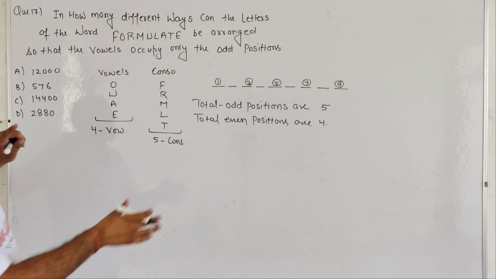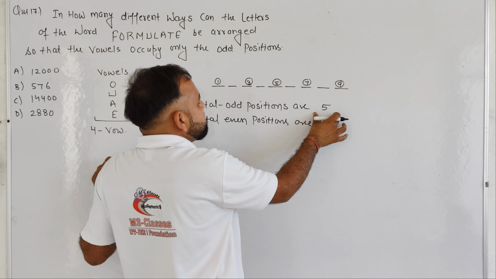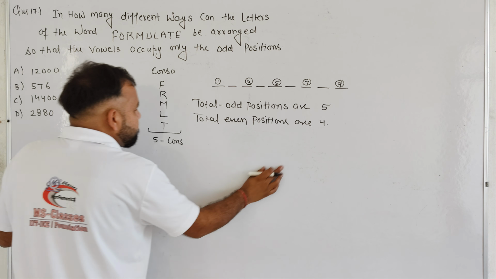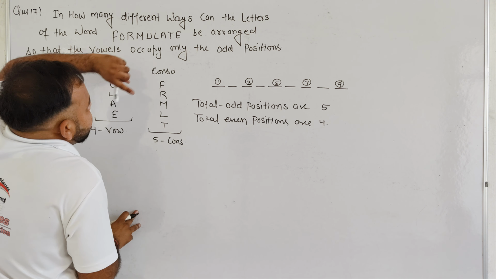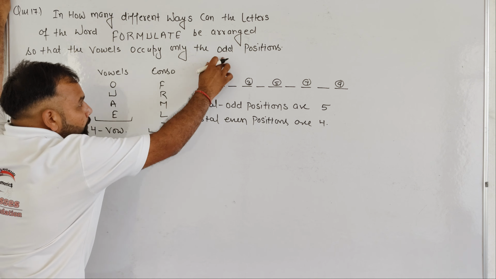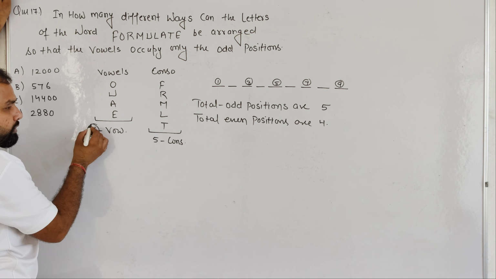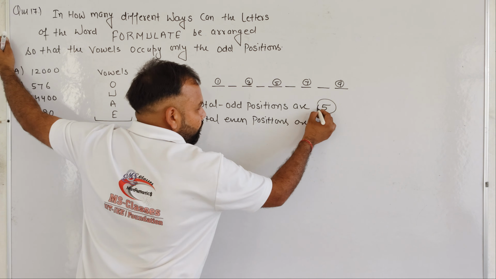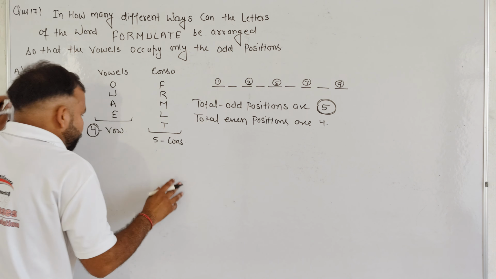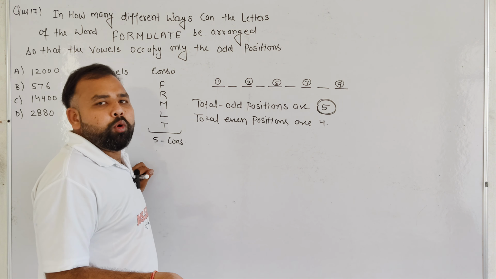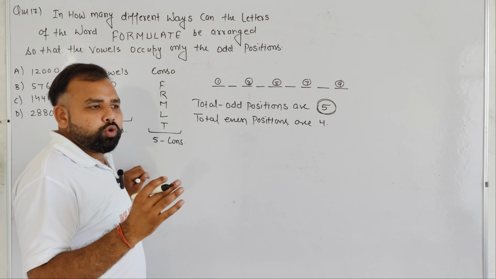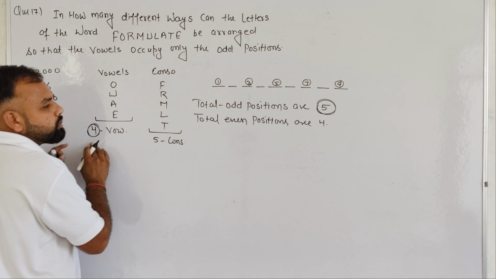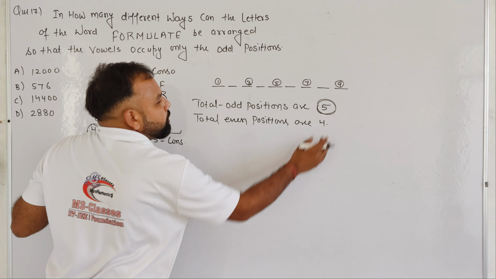But student, there are 5 odd positions, 4 even positions, and we want to arrange vowels on odd positions. There are 4 vowels, but places are 5. So we know very well, if places are more than our letters, we are going to select 4 positions for 4 vowels out of 5 positions.